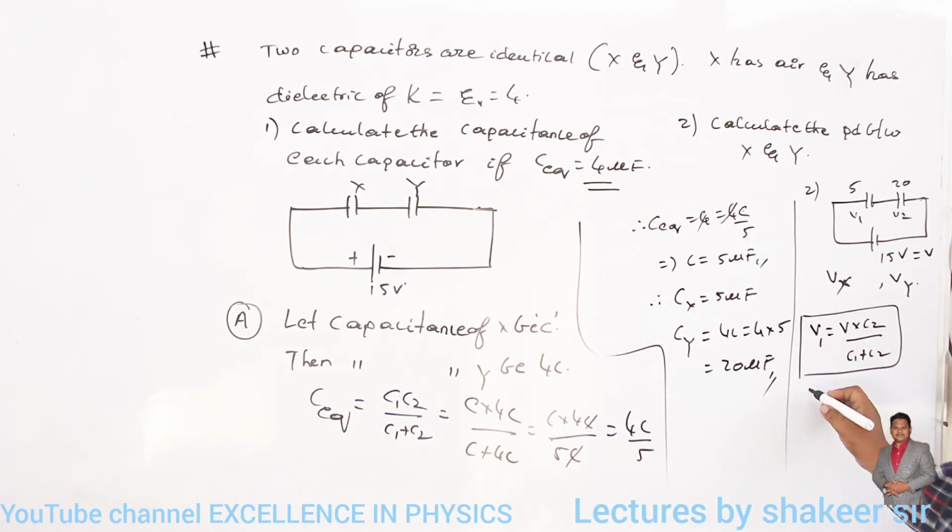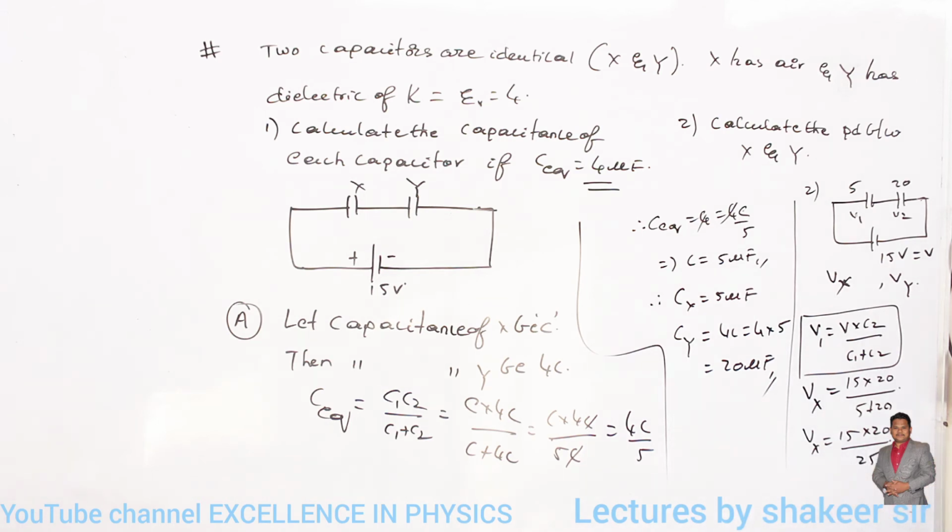Clear? So according to this, the potential difference across X is how much? Total potential is 15, C2, the capacitance of the second one, is 20, divided by C1 plus C2, which is 5 plus 20. So Vx is 15 into 20 divided by 25.